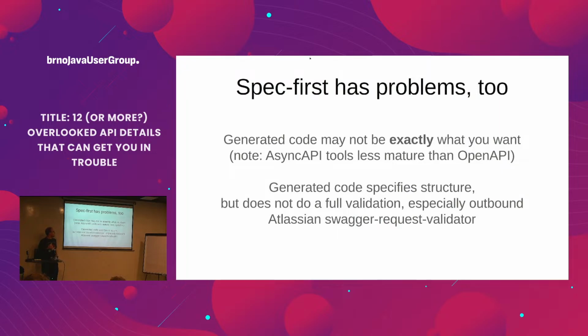And it can even happen that, for example, some features from your OpenAPI document will not be reflected in the generated code. I've seen situations where things that should be required are not enforced, and then it can happen, especially when it's outgoing, when you're sending some messages somewhere, that you don't generate a valid output JSON, for example.